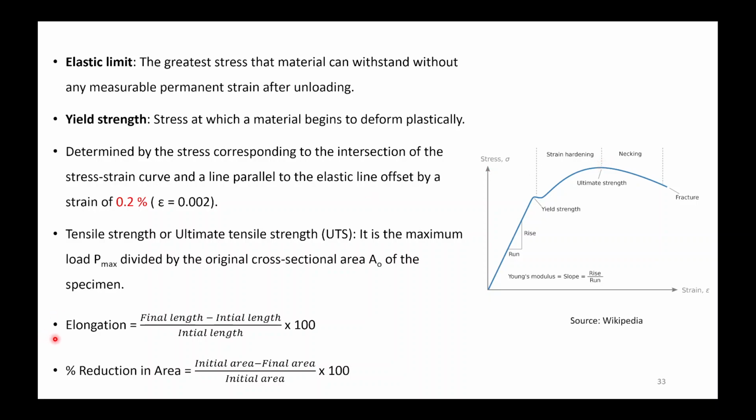Percent elongation will be your final length minus initial length, divided by initial length. And percent reduction in area will be initial area, because it will be larger, minus final area, divided by initial area. This final area will be at the lowest area where necking takes place.